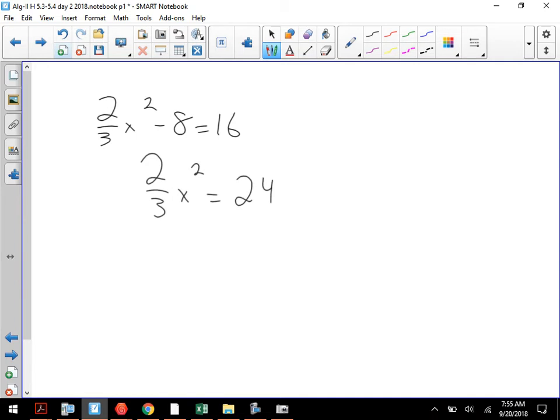Now, to undo that 2/3, you have to multiply it by 3/2. So if you multiply both sides by 3/2, even though it's a fraction, remember what this means. 24 times 3, all divided by 2. Or, what's 24 divided by 2? Multiply that by 3. Math.